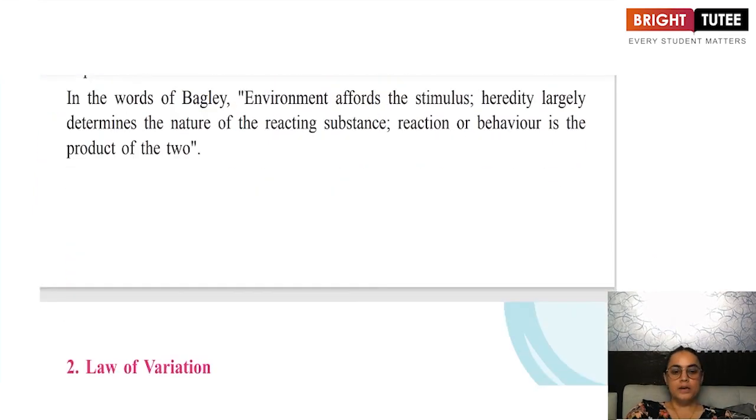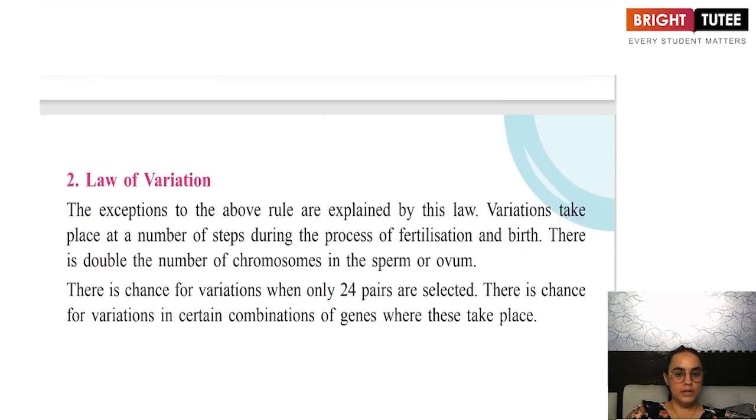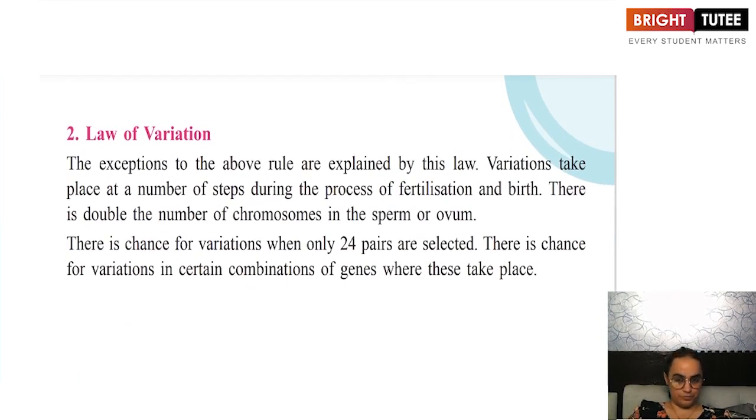Okay. Now the second law is the law of variation. Variation, as we all know, is derived from variety. Okay, the differences. So, in addition to the above law that we have learned, that like begets like, right?